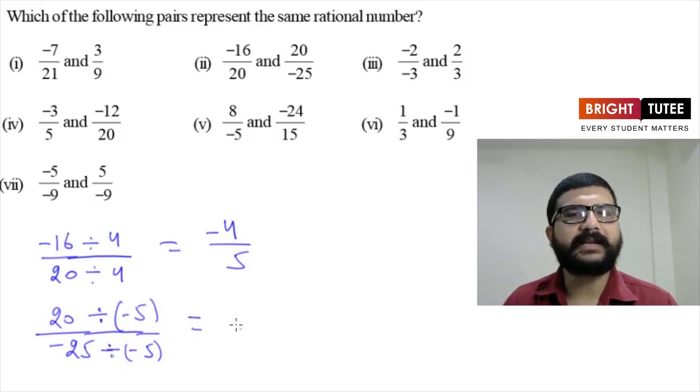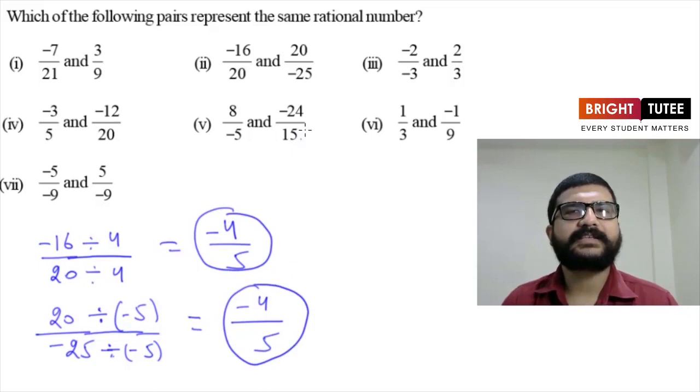Now from here we will get 20 divided by minus 5, this will be minus 4, upon minus 25 divided by minus 5, this is 5. So here we know minus 4 upon 5 is equal to minus 4 upon 5. So here the standard forms of these two numbers are equal. Therefore, the numbers are representing the same rational number. For this one, it is yes, they are representing the same rational number.